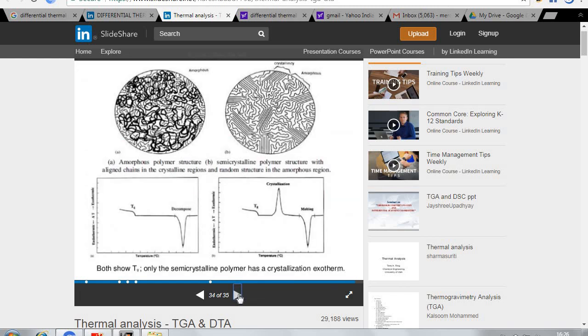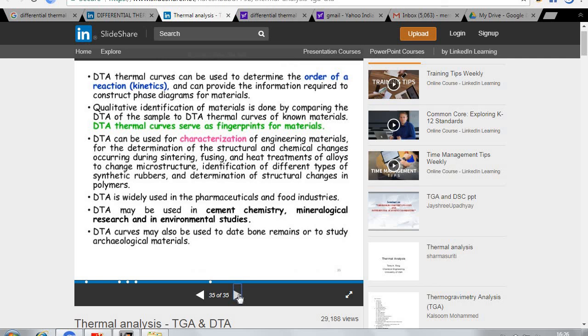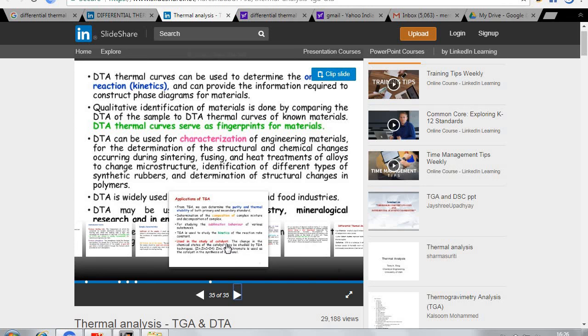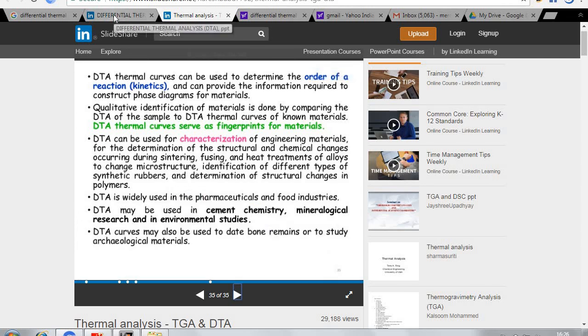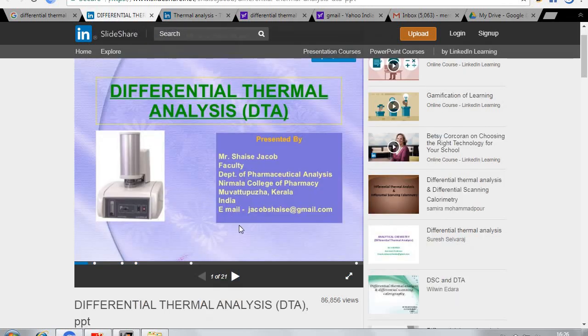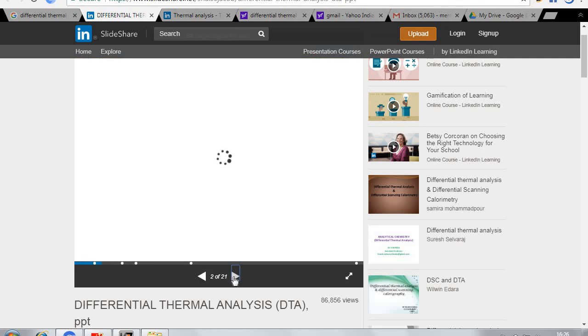So this is a general example of how a crystalline molecule reacts in this type of instrument. Okay, so that's it. This is used widely in polymer chemistry and for determining the application of a particular polymer, nanomaterials and many other applications as well.